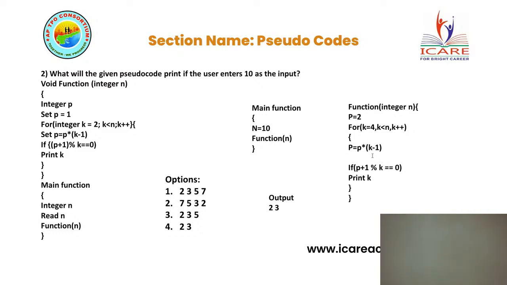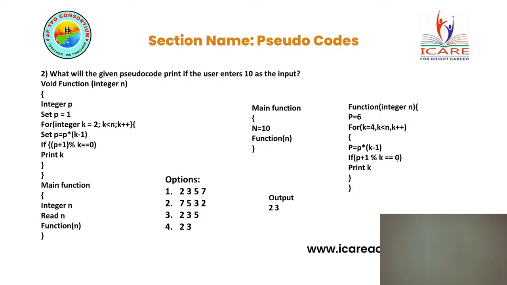P value is 2, and k value is 4. 4 minus 1 is 3, and 2 into 3 is 6, which is assigned to p. So we are getting the value p is equal to 6.